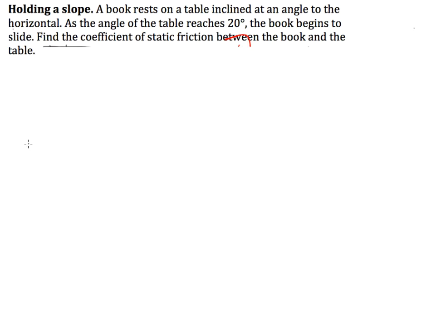So let's set up our free body diagram. So let's say this is the table and it's inclined, the dotted line is the horizontal, at a 20-degree angle. So let's set the x-axis along the table and the y-axis perpendicular to that.